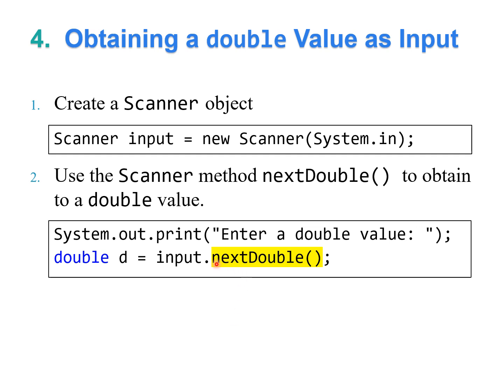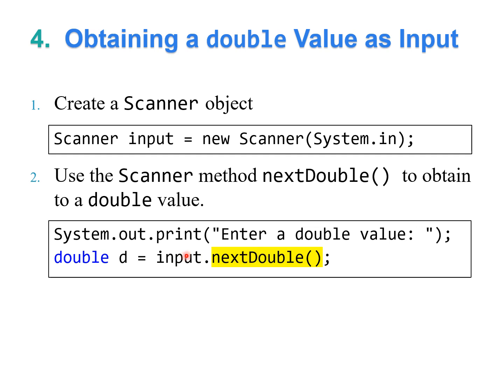The expression input.nextDouble() is a call to the nextDouble method of the Scanner object stored in the variable input. When it executes, it will wait for the user to enter a double number and hit Enter.